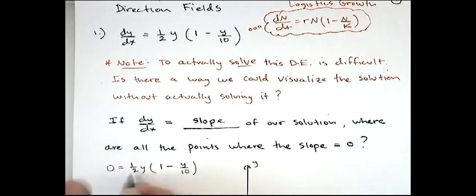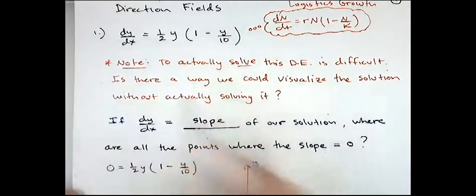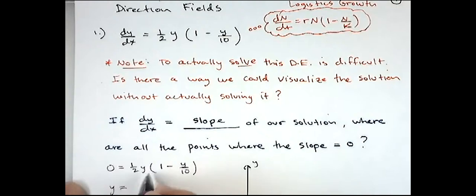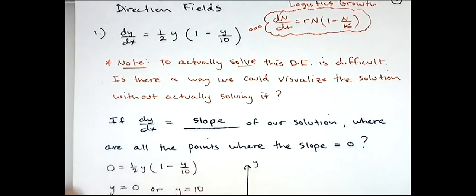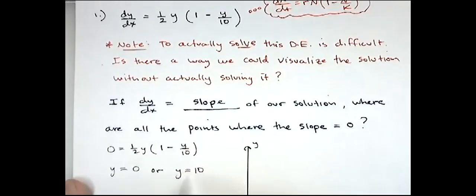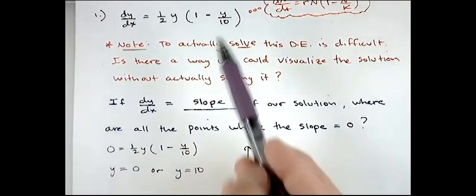And notice this is exactly the same thing you would do if you were being asked to find what? The two values of y that make this true: one of them would be y equals 0. The other one would be y equals 10. And those would also be known as what for this particular differential equation?